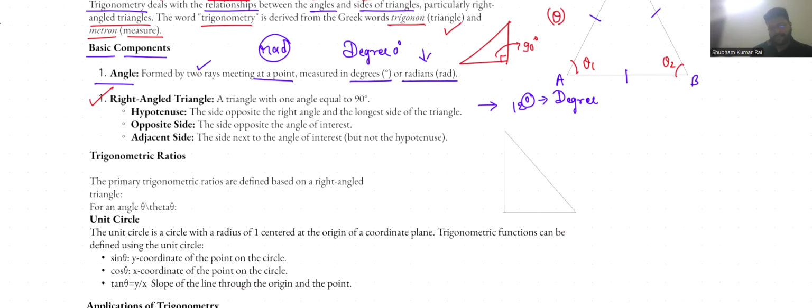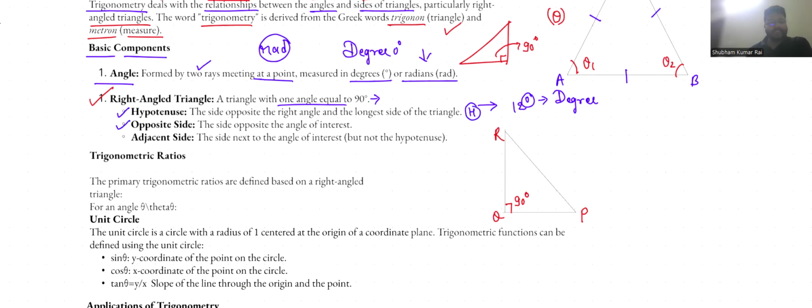Here is PQR. Now here we are having a 90 degree at Q. As you can see that in a right angle triangle, one angle is equal to 90 degree, right? And here we have three things like hypotenuse, which is represented by H. Second thing we have, that is opposite side. And third is adjacent side.